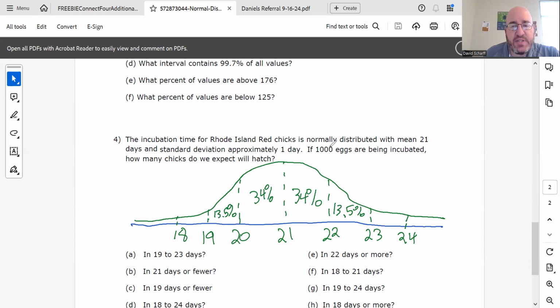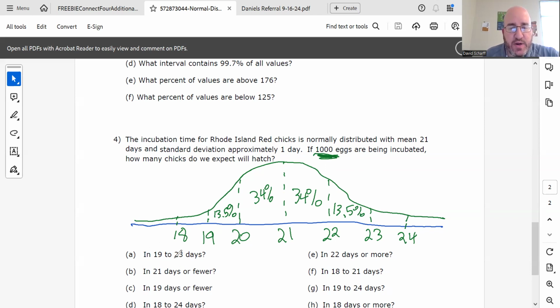So we're not just getting percentages now. It's actually the first thing we got to get, but we're doing this extra step of whatever this percentage is, it's going to be out of 1,000 eggs. And that percentage of 1,000 eggs are what we are expecting to hatch within those days. So you got to find a percentage, turn it to a decimal, and then multiply it by 1,000.